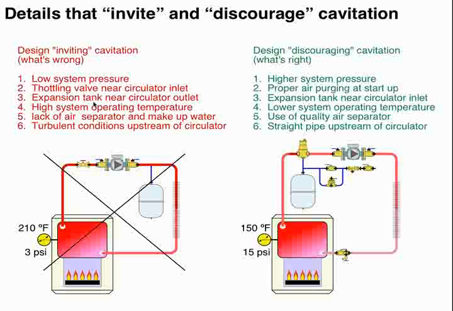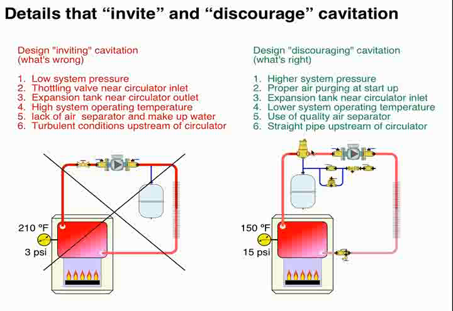So over on the right side, I've tried to improve all those. We're pumping away from the expansion tank. We're at a lower temperature and a higher static pressure. We're basically not messing around with the inlet side of a circulator. That's an important idea. Don't put a circulator 2 inches off the side port of a T. Don't put an elbow immediately upstream of a circulator.